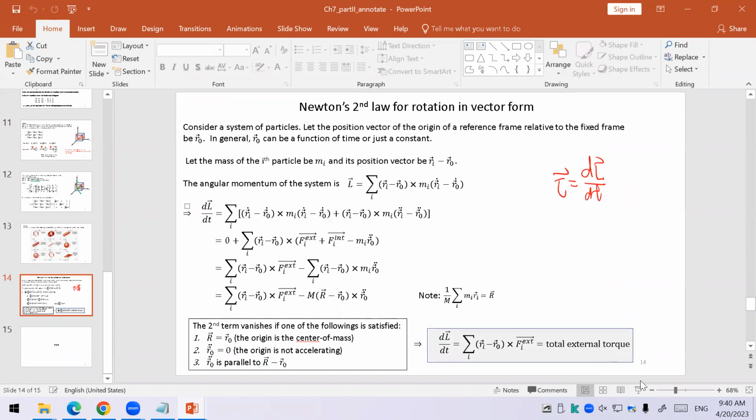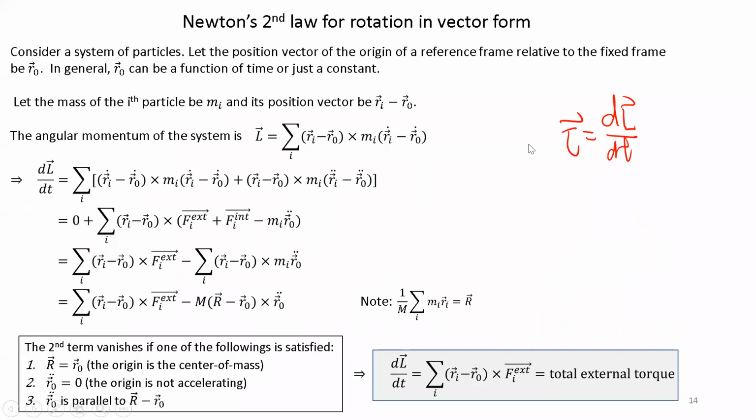Let me finish this slide and then I'll move on to the next part, part 3 of this chapter. Again, this is a result that you have seen before, I believe, but you might not have formally seen the proof. That's Newton's second law for rotation: torque equals the rate of change of angular momentum with respect to time.